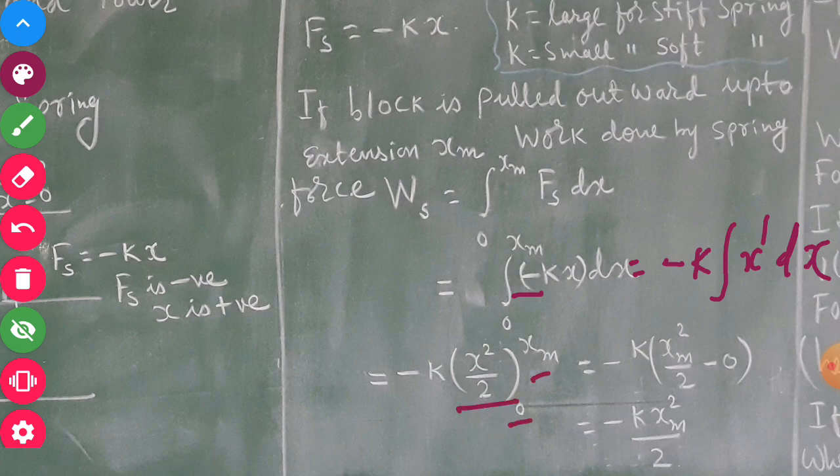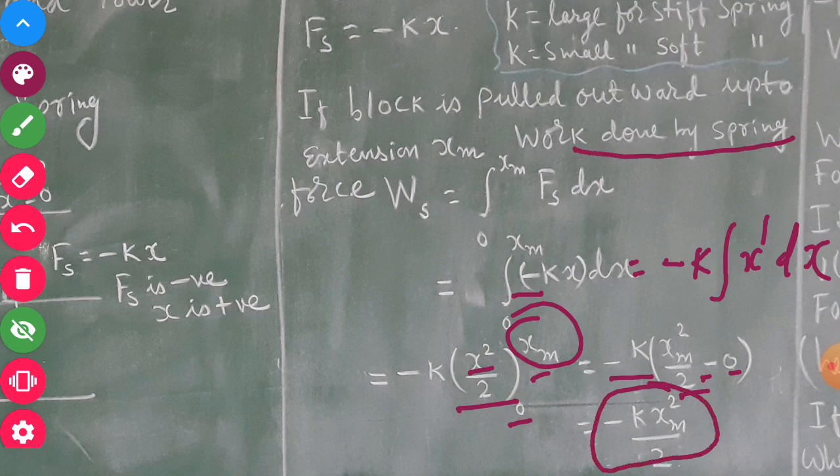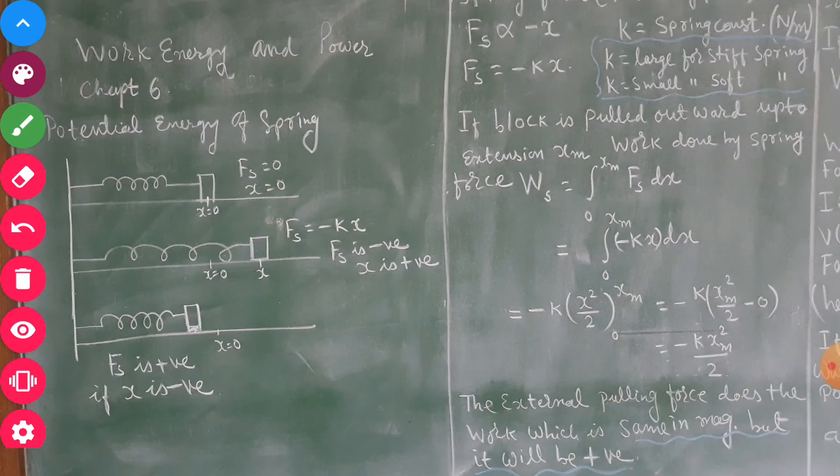Limit is from 0 to xm, and if you substitute instead of x as xm, then minus k as it is. Then instead of x we write xm, so xm square by 2 minus 0, that is lower limit. So finally you get the work done by the spring force as minus kxm square by 2.